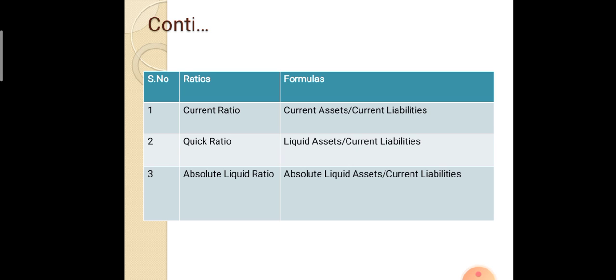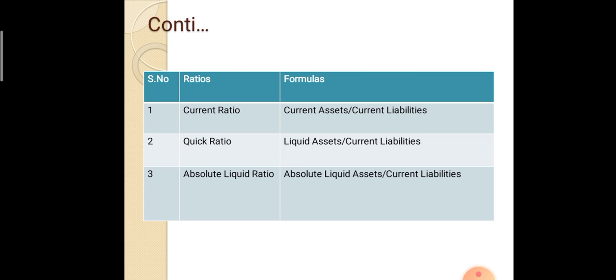So, absolute liquid assets are nothing but cash and cash equivalents. So, absolute liquid ratio is equal to absolute liquid assets divided by current liabilities.